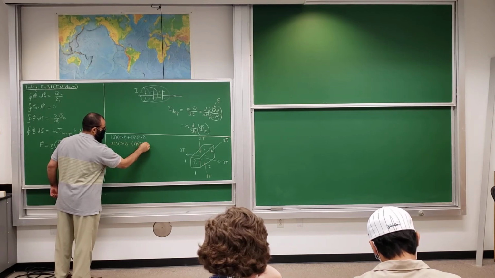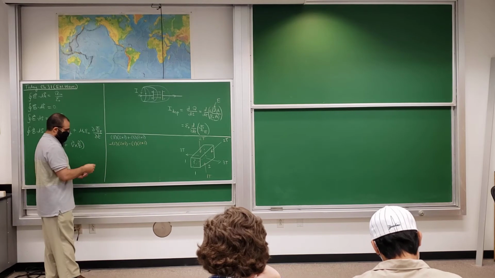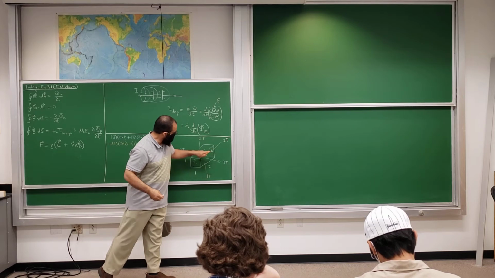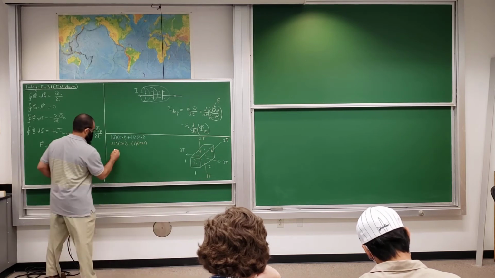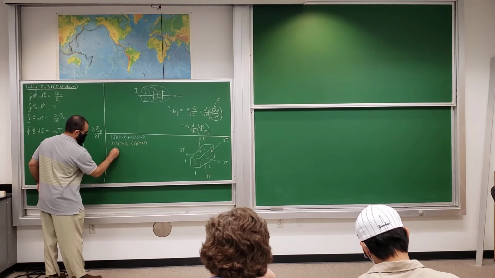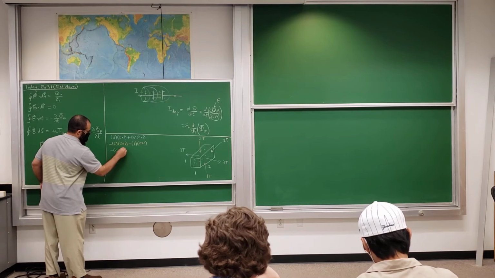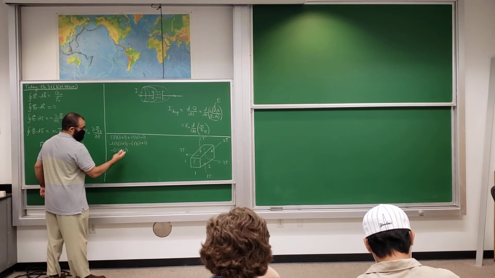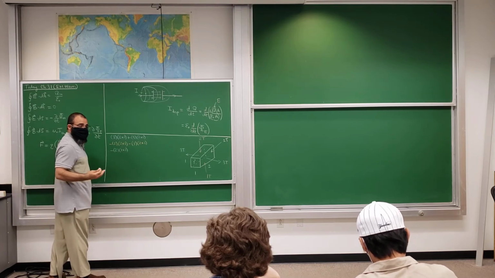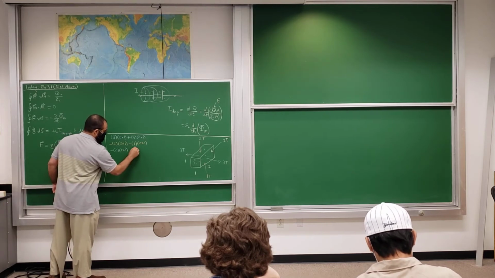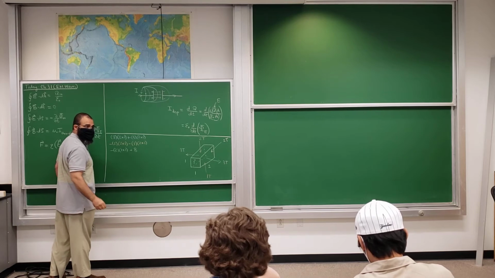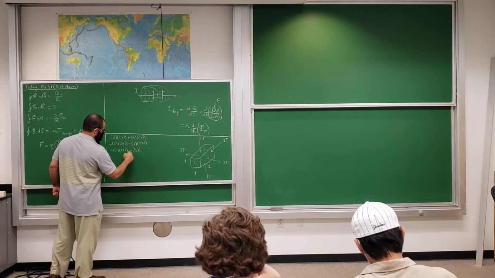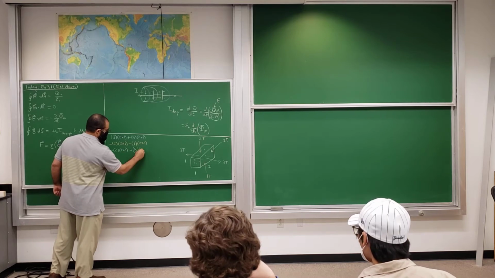From this end, you got 2 Tesla entering, so it's negative 2 Tesla, and the area is 1 by 1. And then the other one, I don't know whether it's positive or negative, so I'm just going to call it B. If it's positive, it will come out positive. If it's negative, it will come out negative. It is also 1 by 1.